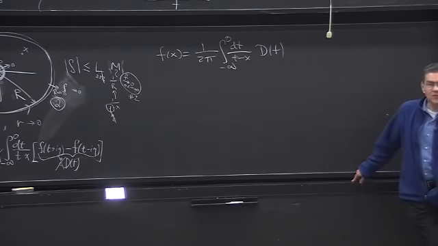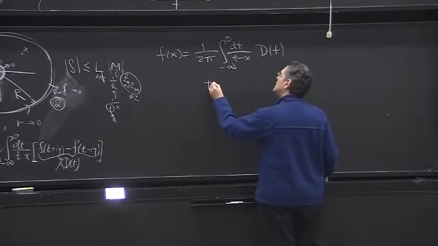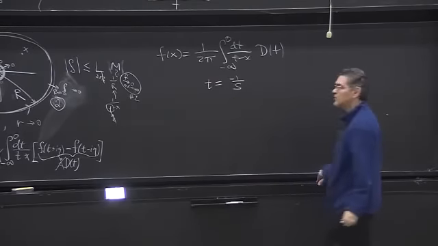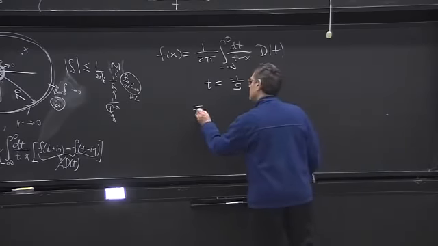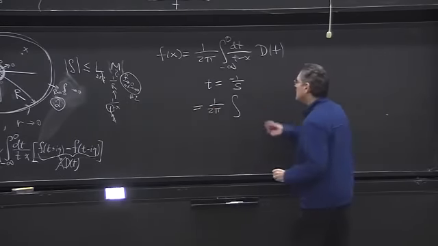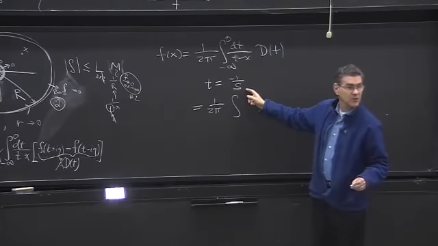Let's make a simple change of variables. Let's replace t by 1 over s, or let's say minus 1 over s. I can do that. So this becomes 1 over 2 pi. Now, when t is equal to minus infinity, s is equal to 0.